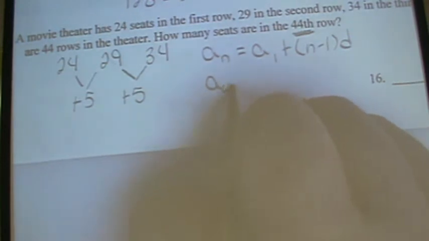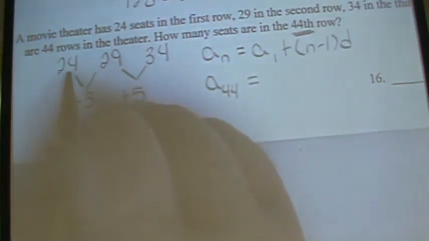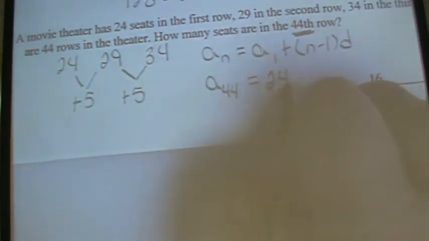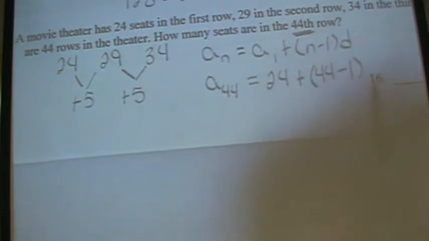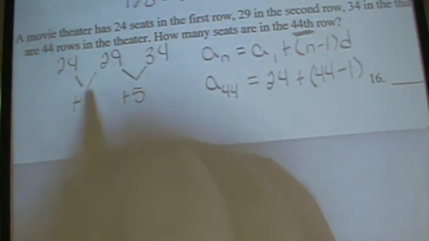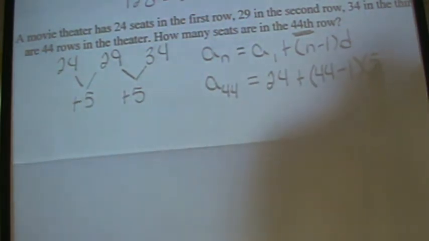So write your explicit formula, an equals a1 plus n minus 1 times d. This time we're looking for the 44th row, so we're looking for a44. That equals our first term, how many seats were in the first row, which was 24, plus our n value is 44, so 44 minus 1, and then our d value is 5, so we're multiplying by 5.